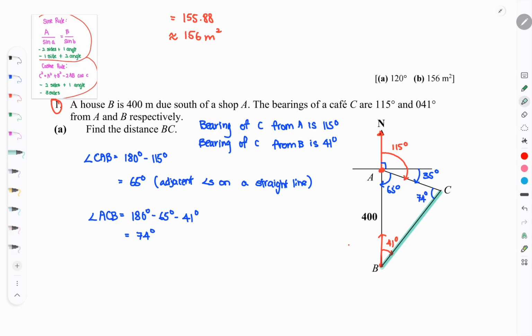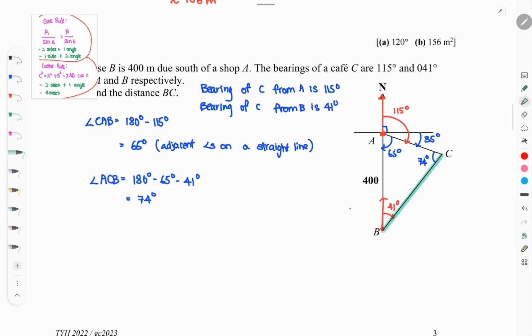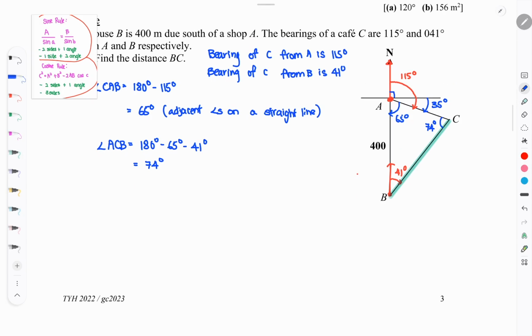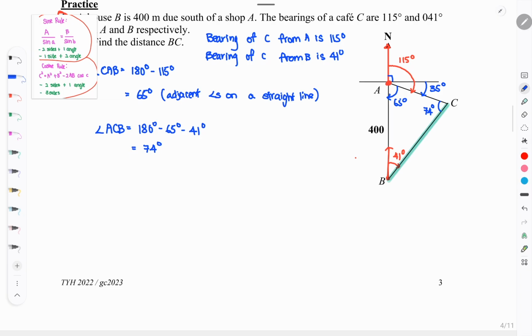Out of this one, I have 3 angles and 1 side. Since I only have 1 side, I can't really use my cosine rule anymore. I have to use sine rule. Actually, whenever you can use sine rule, just use sine rule. It's a lot easier to deal with.